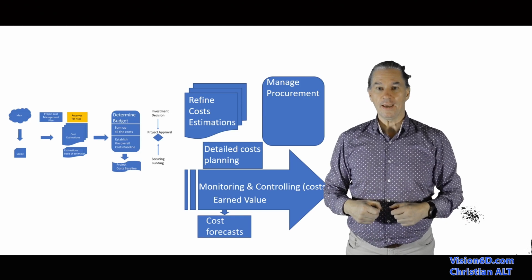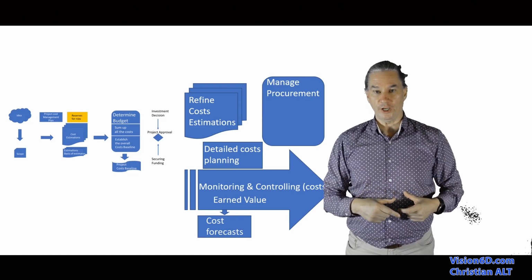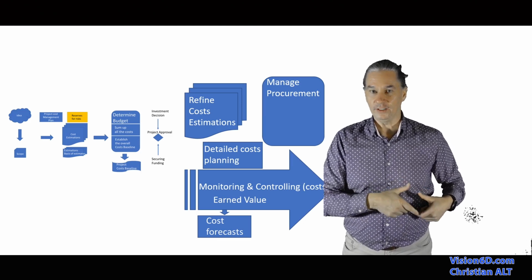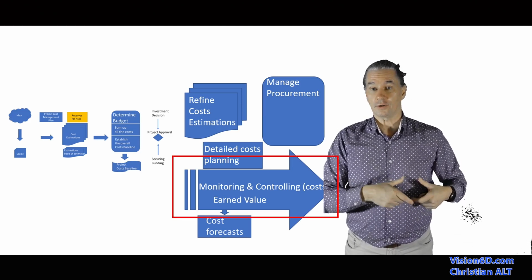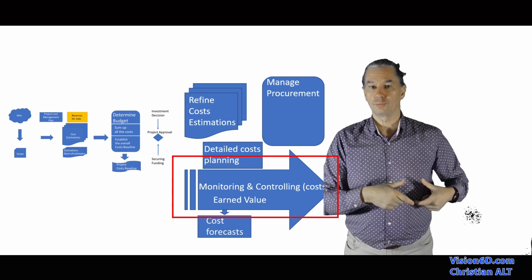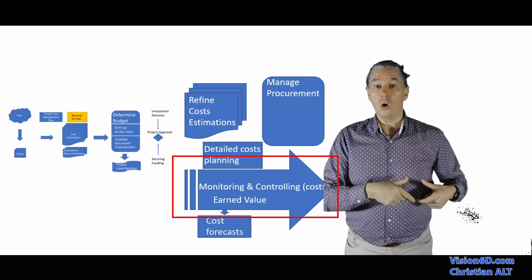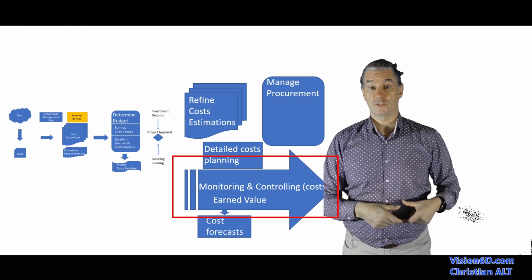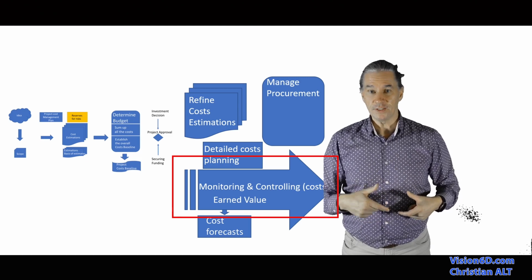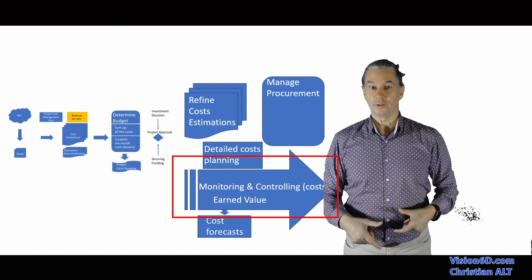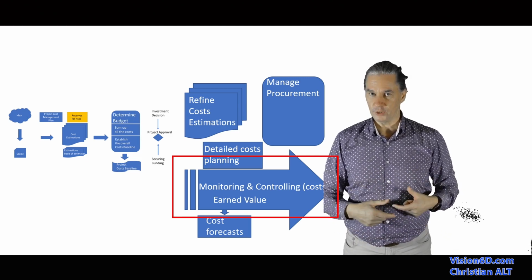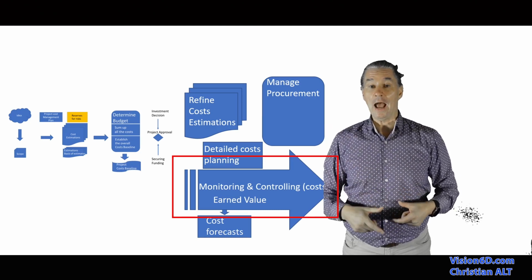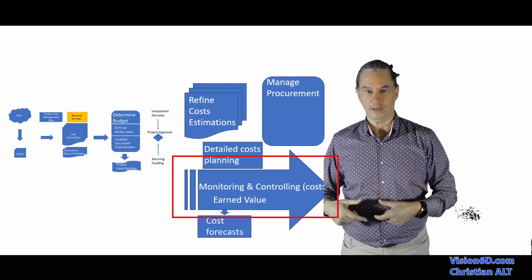The second thing is that as soon as the project gets its kickoff and is ready to start, we already start to have those control processes. We will control the cost spending all the way through to the end of the project. For this, we are going to use the baseline, which is our reference, and we are going to look at variances in the spending according to that baseline.